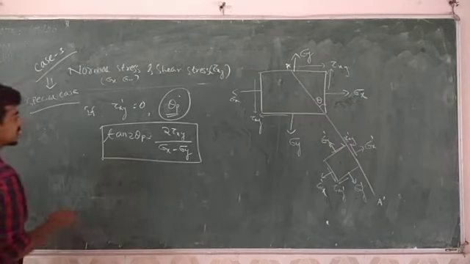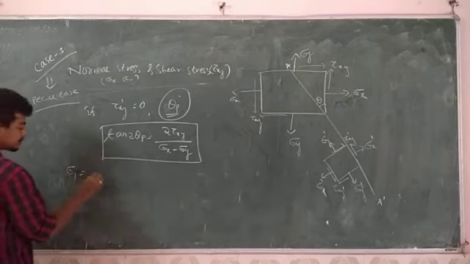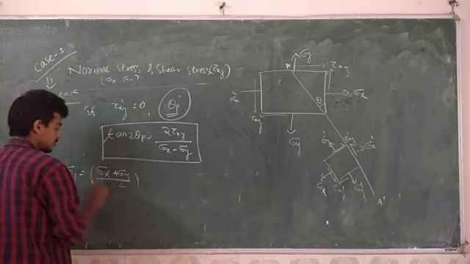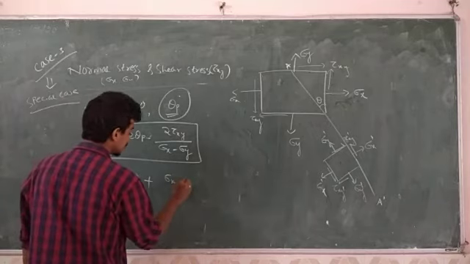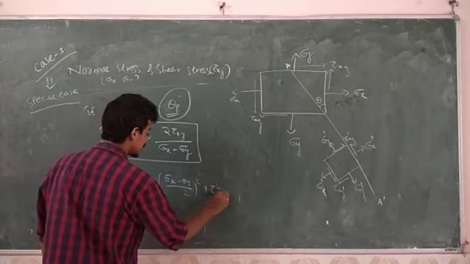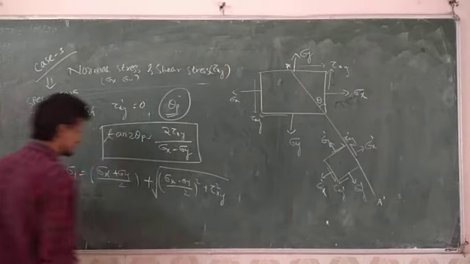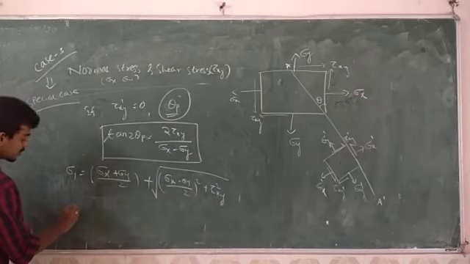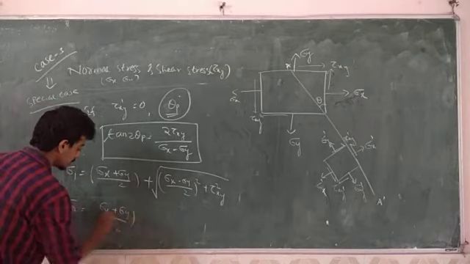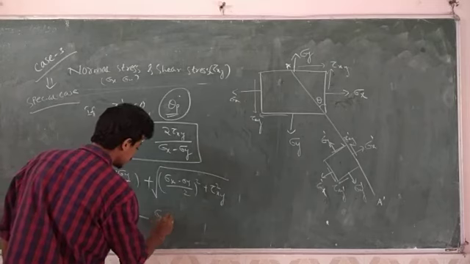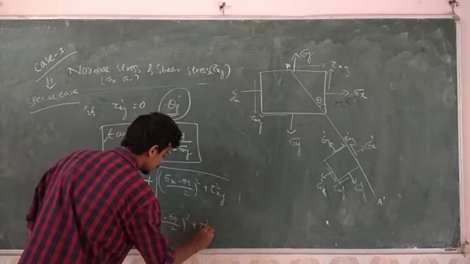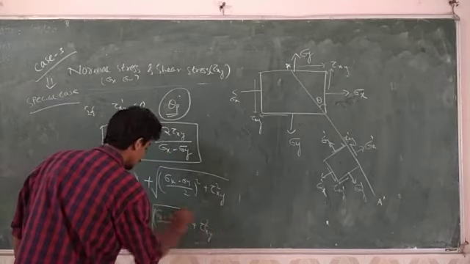That formula can be written as sigma 1 equal to, most important formula, sigma x plus sigma y by 2 plus the root of sigma x minus sigma y by 2 whole square plus tau square xy. Sigma 2 will be sigma x plus sigma y by 2 minus, just change the sign, the root of sigma x minus sigma y by 2 whole square plus tau square xy.